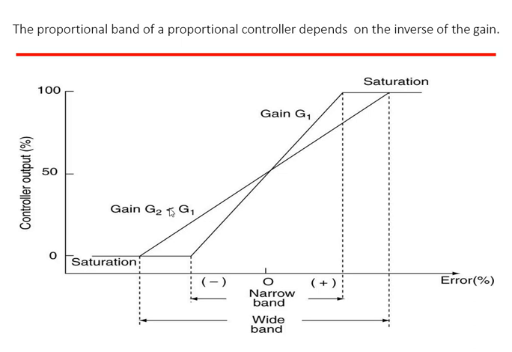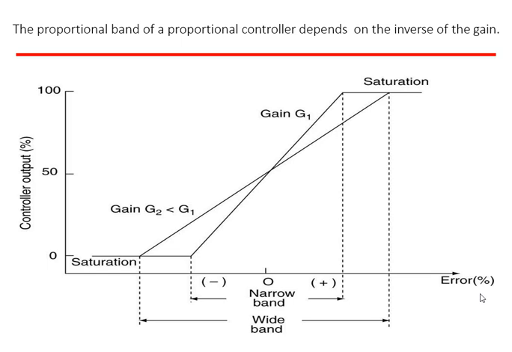Suppose G1 is greater than G2, or G2 is less than G1. Then the gain which has a higher value will have a narrow band, and the gain which has a lower value will have a wide band. Here you will get a smooth increase, and here you will get a fast increase. So that is again important. This is control output versus percent error.